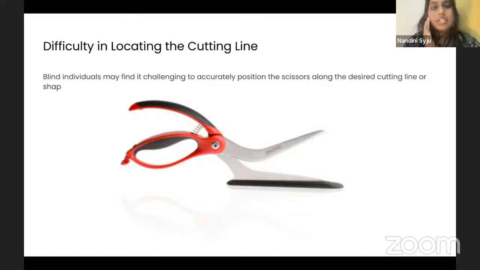So yes, it is going to be challenging for them to position it and decide the cutting line and have a good form of the cutting line, have a good straight line or a curved line, or even while cutting how to not have those jagged lines. So that is one of the main primary pain points if you're talking about a visually impaired person, and in our case a completely blind individual, right?